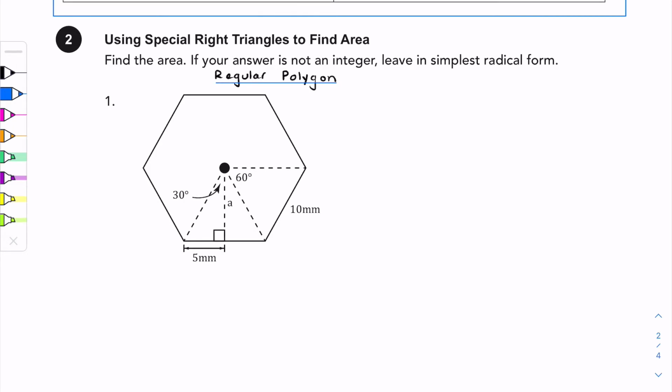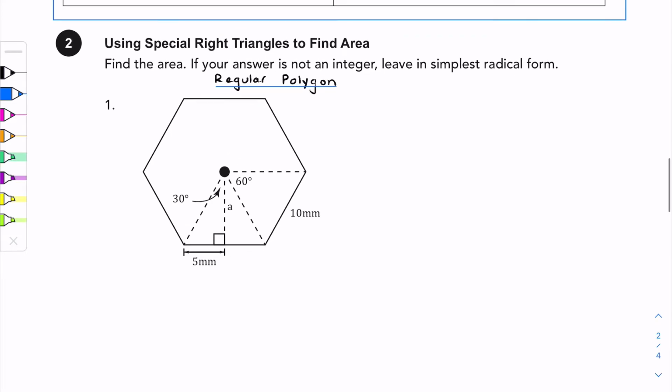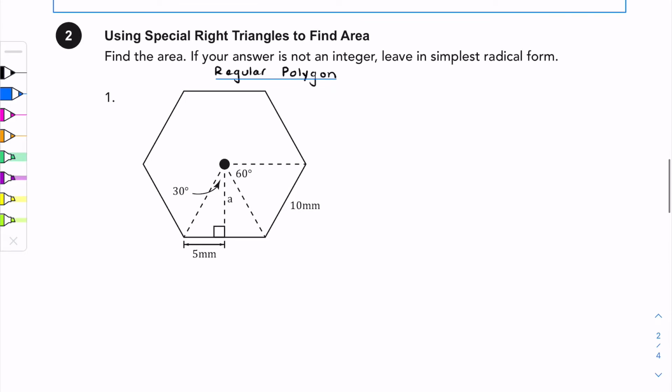So you should not be rounding, you should be leaving a radical in your answer if necessary. There are some key parts here, and other key parts that you need to calculate. So you might want to watch this and then come back and copy it down after I do this first example.